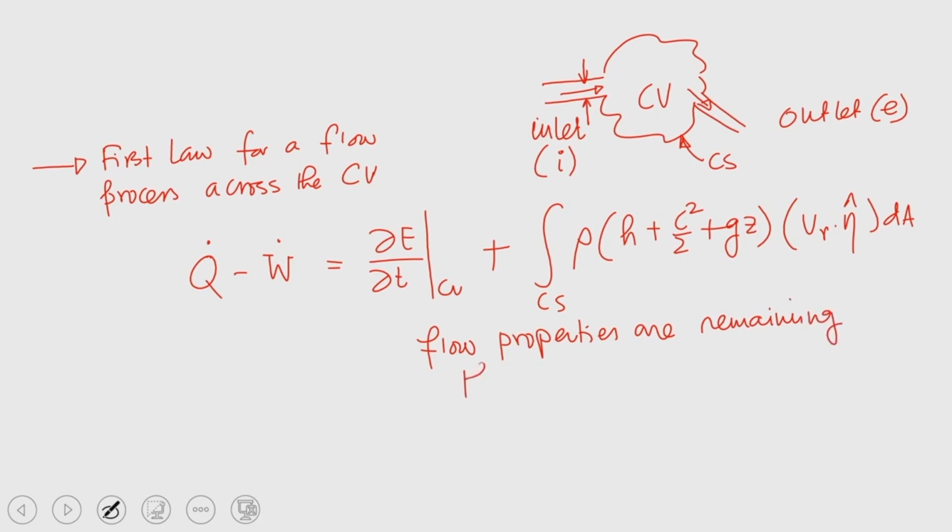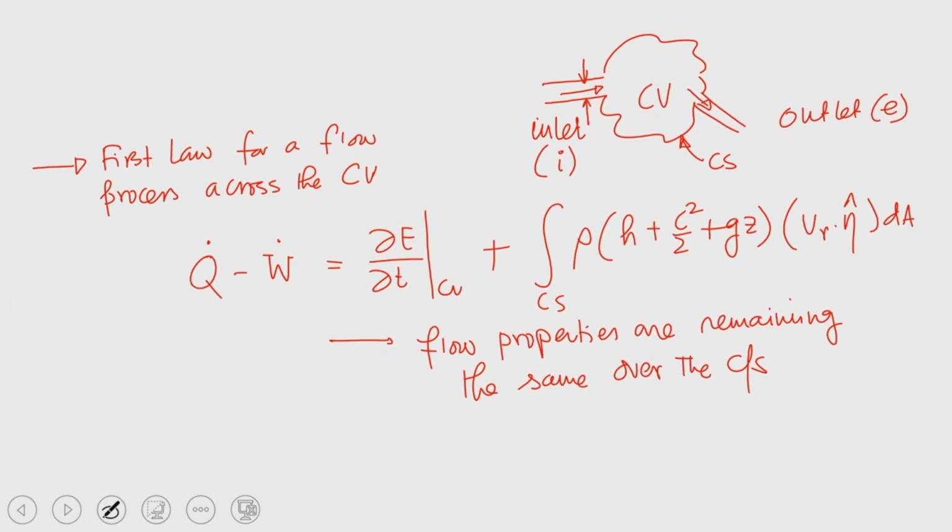If we have multiple inlets and multiple exits, we also need to consider this assumption, that the flow properties do not vary over the cross section. So, taking this assumption we could arrive here.